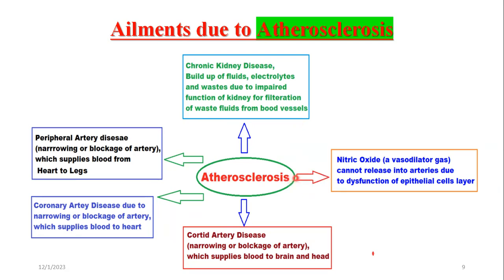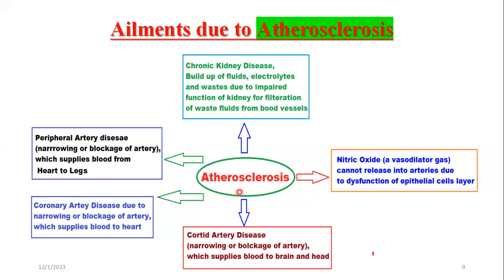Similarly, this also causes a decrease in the release of nitric oxide, which is a vasodilator gas and is very useful for the dilation of the arteries and blood flow.